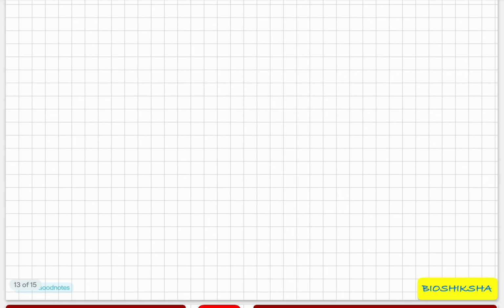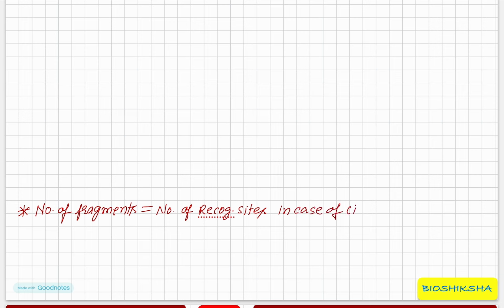Remember, the number of fragments is equal to the number of recognition sites, in case of circular DNA.